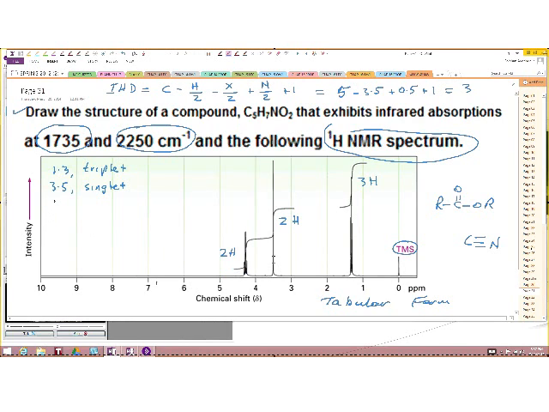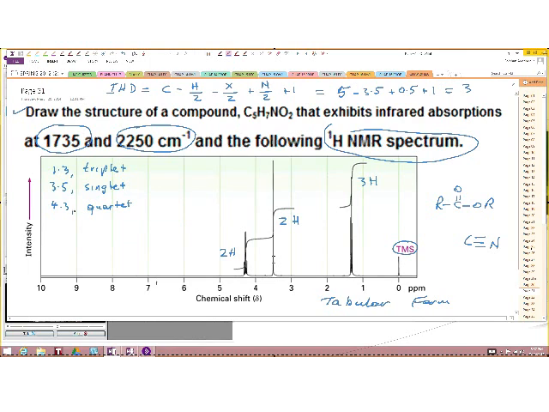And then a peak at 4.3, and that is a quartet. In essence, this molecule only has 3 types of hydrogen. That is what this is also telling you. You only have 3 types of signals here.